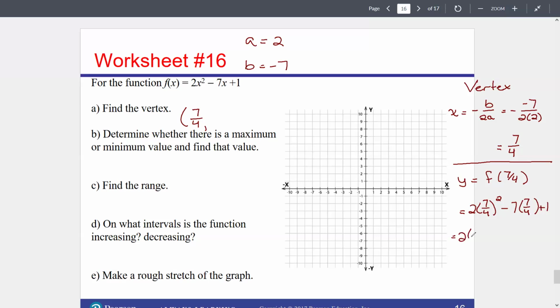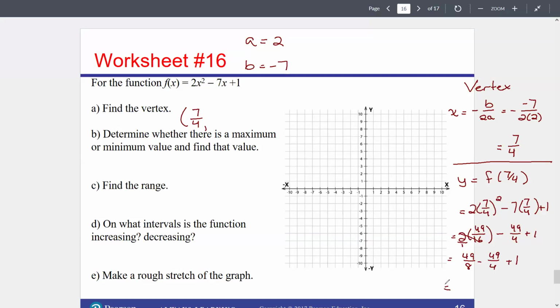So we got 2 times 49/16 after we do the square, minus 49/4 plus 1. This 2 and that 16, just think of that 2 as 2/1. That's canceling, so I really have 49/8 minus 49/4 plus 1.